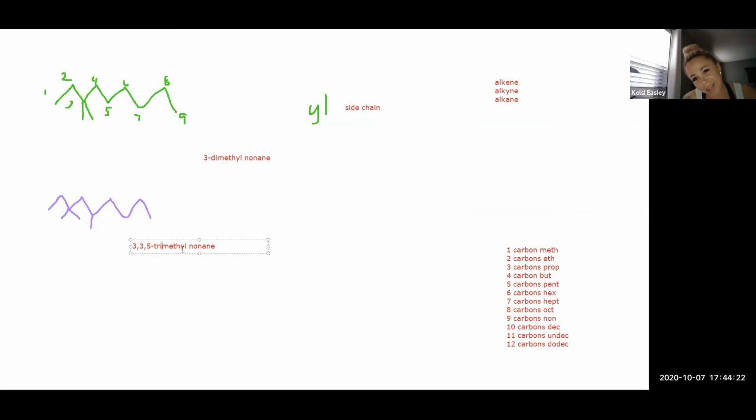Scientists are lazy, so they don't like to write. Exactly. Would this be the preferred way to write it for the test or on homework? Yes, it is the preferred way to write it for the test. Would we get points docked if we wrote it the other way? I would give you a couple of points, but I would still dock you a little bit. Because remember what she just told you, Kelsey.